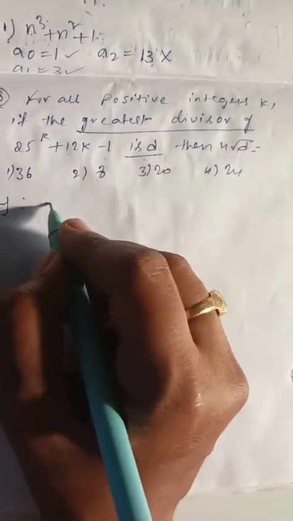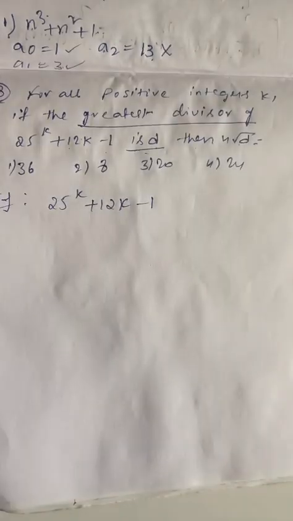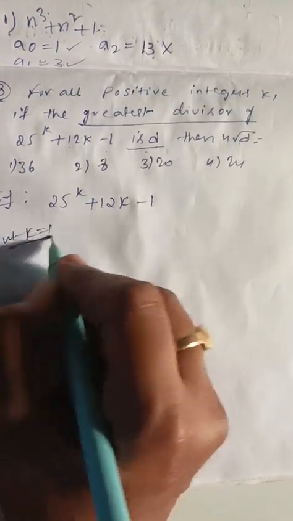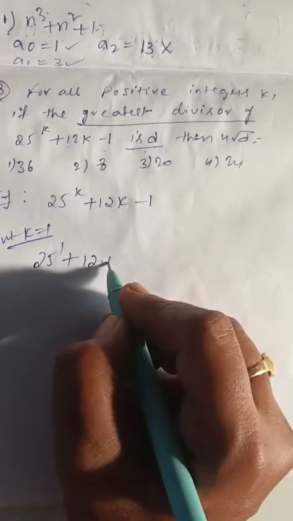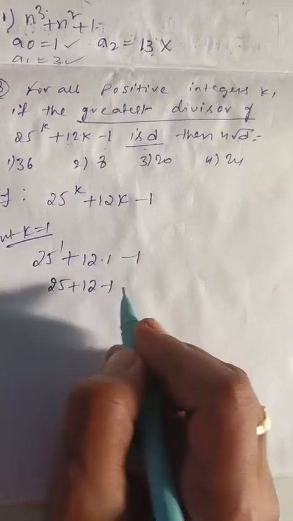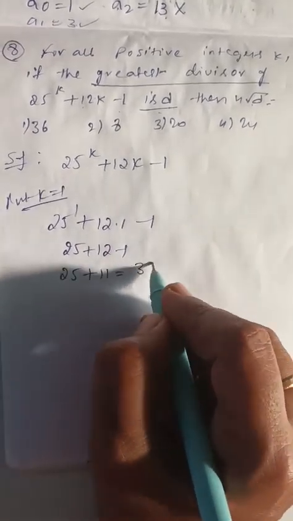Okay, given 25 power k plus 12k minus 1. Now put k equal to 1. Then 25 power 1, plus 12 into 1, minus 1. So 25 plus 12 minus 1, 25 plus 11, which is equal to 36.